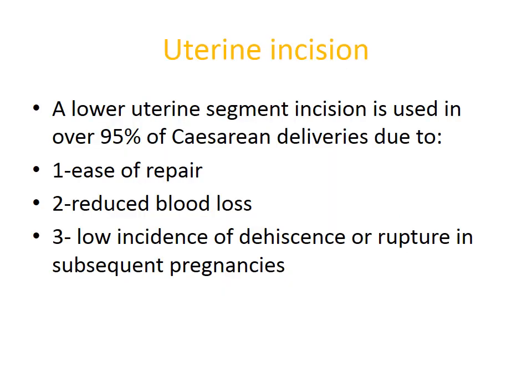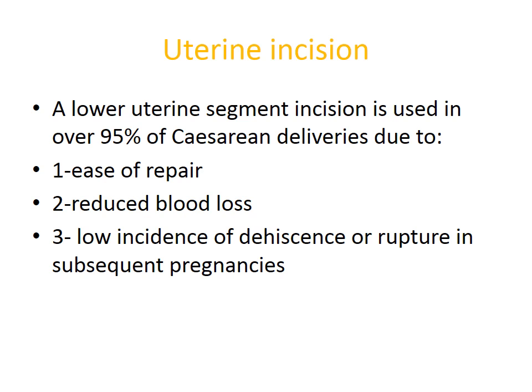What about the uterine incisions? Of course, the commonly adopted uterine incision that is practiced in over 95% of Caesarean deliveries is the lower uterine segment one. That is to say, the C-shaped incision that is done in the lower uterine segment.